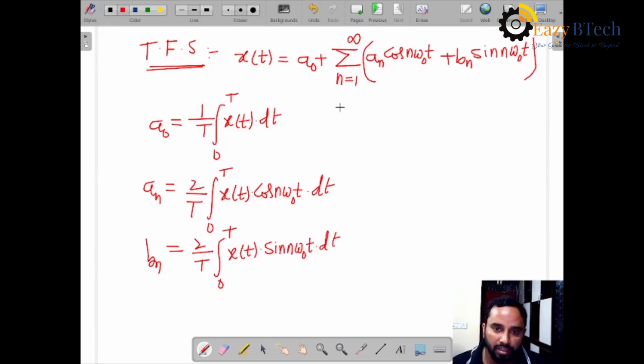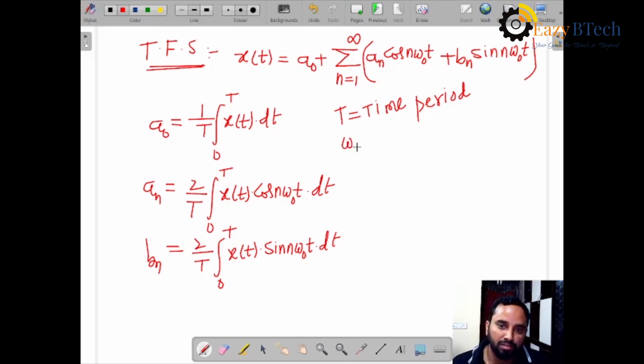Right? Here capital T is the time period, the fundamental time period: the minimum time taken by the signal to complete one full cycle.